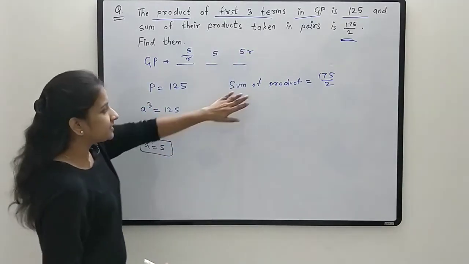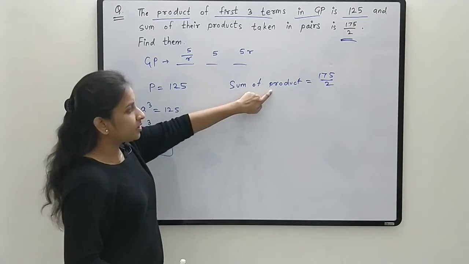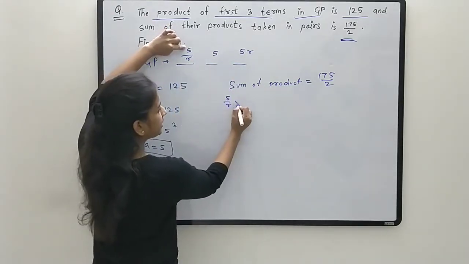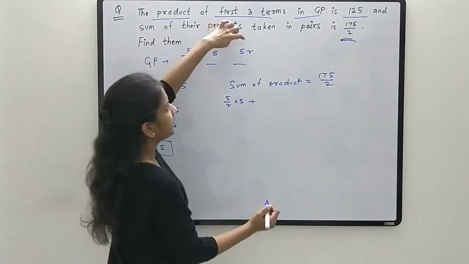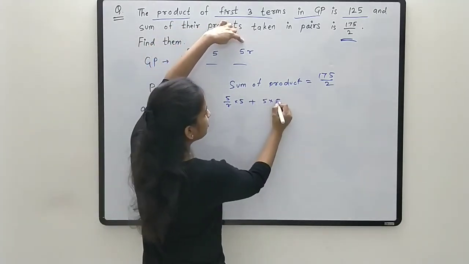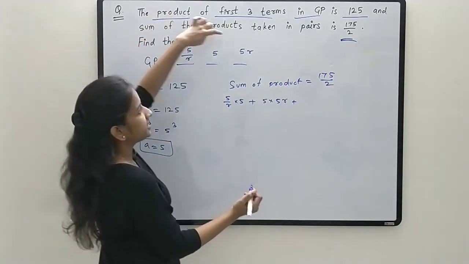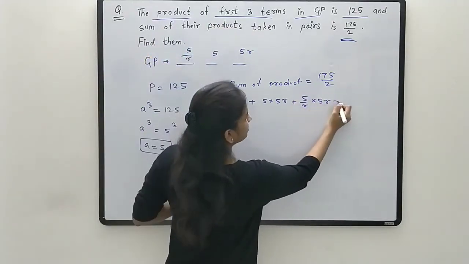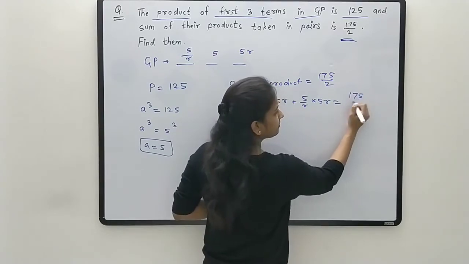Right? Now let's use this. Sum of product: see, this term into this term, 5 by R into 5, plus second into third, 5 into 5R, plus first into third, 5 by R into 5R. So this value is 175 by 2.